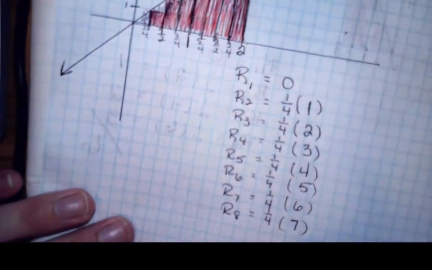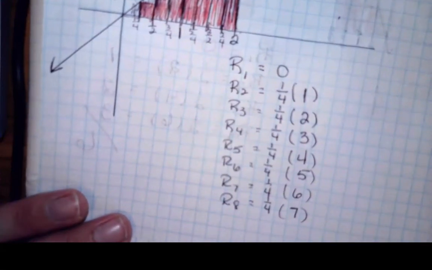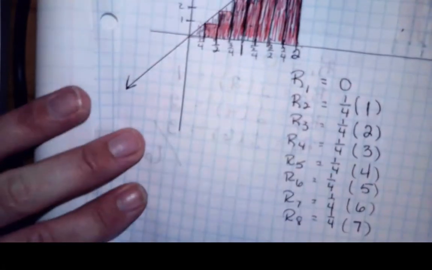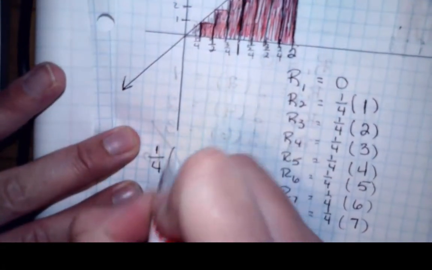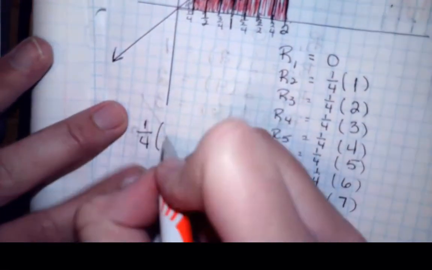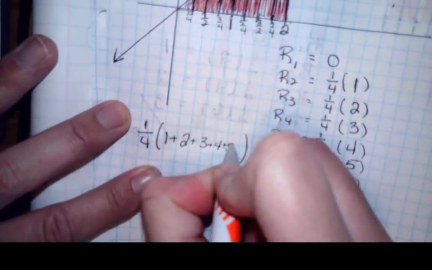Now, this is a real-life application of factoring. I want to add all 8 rectangles together. What do all 8 things have? All 8 things have a 1/4. I'm going to factor out a 1/4, and then just add 1, 2, 3, 4, 5, 6, 7. So 1 plus 2 plus 3 plus 4 plus 5 plus 6 plus 7.